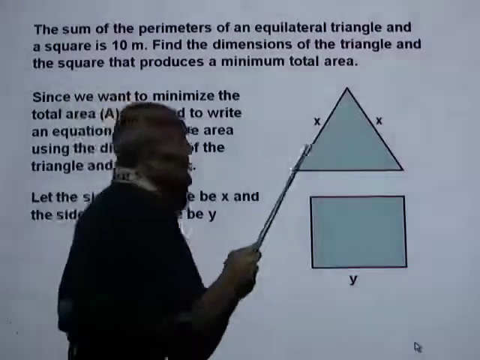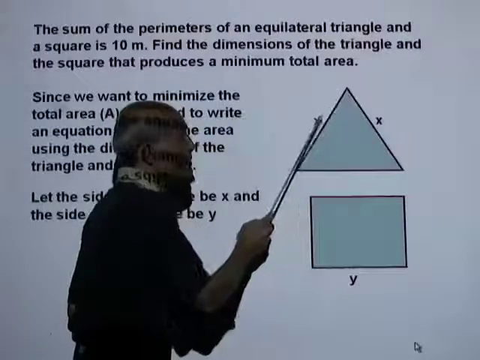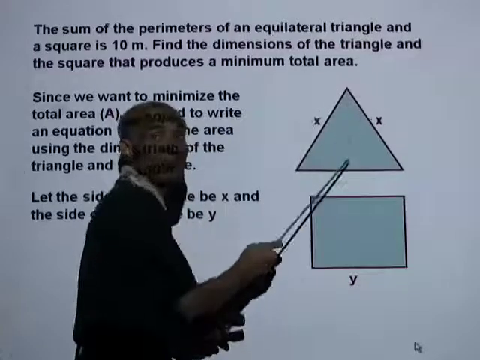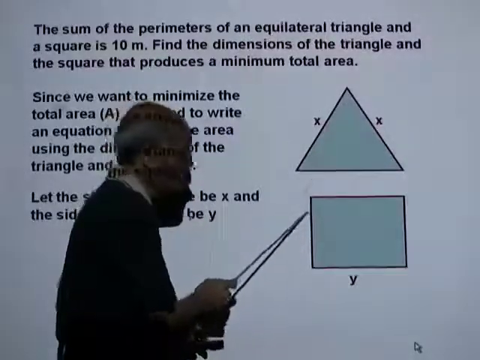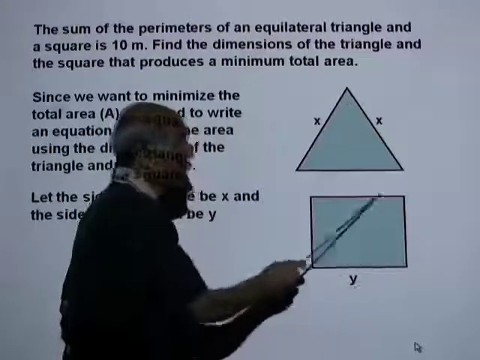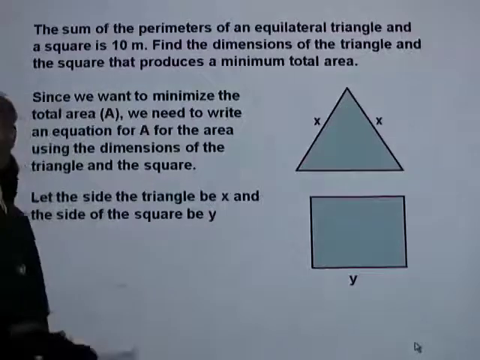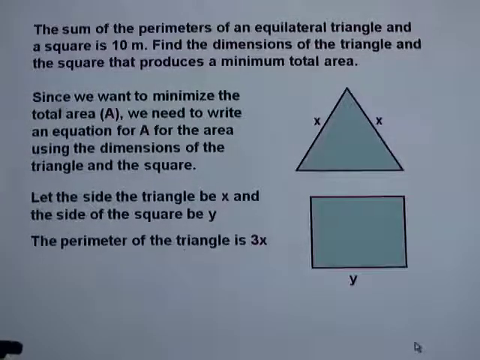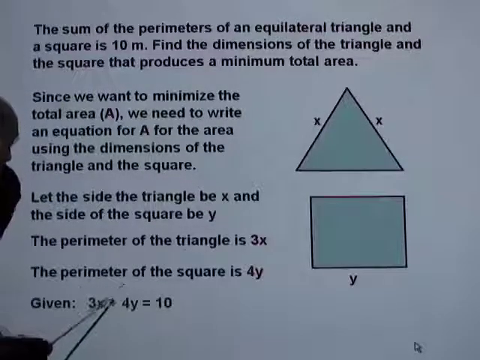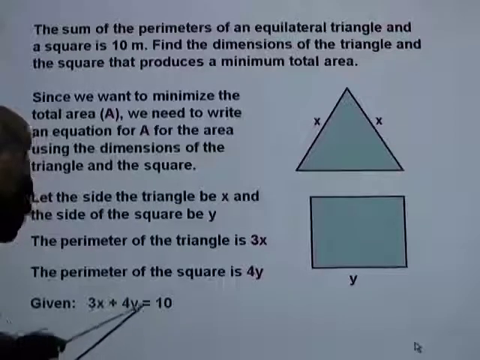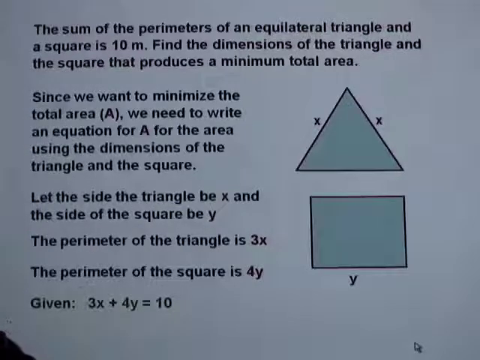The perimeter of the equilateral triangle is 3x, x plus x plus x. And the perimeter of the square is 4y. So what is our relation? Our relation, therefore, is 3x plus 4y equal to 10.